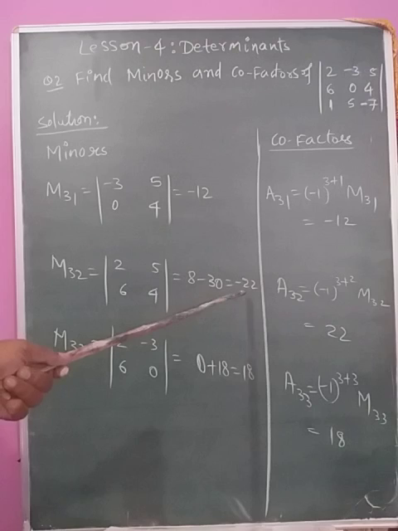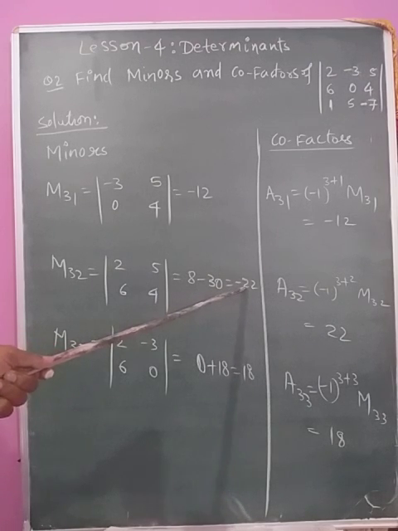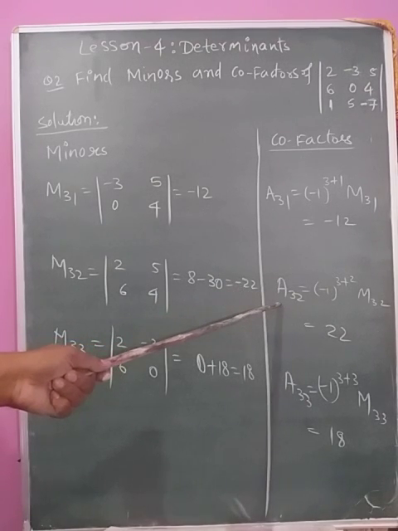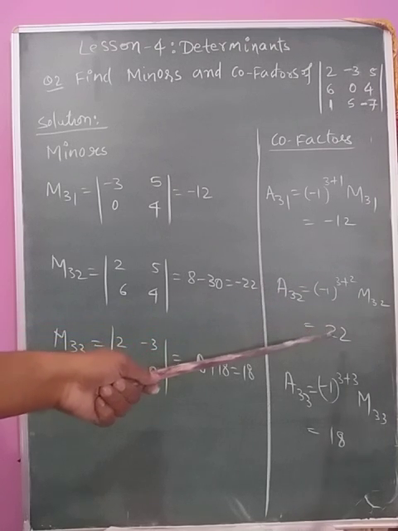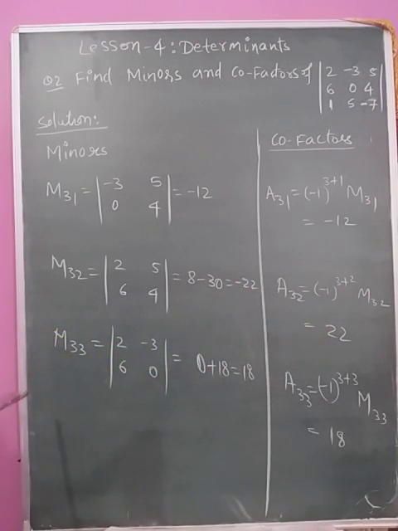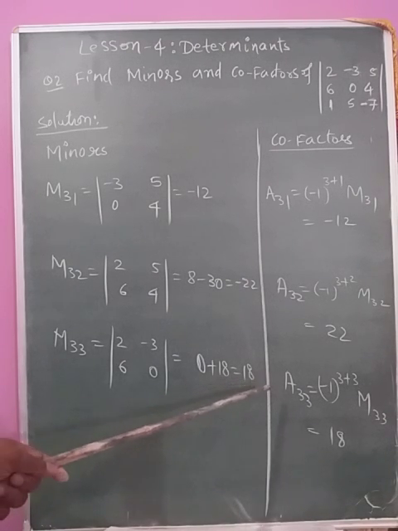After simplify, their determinant is minus 22, and corresponding cofactor, minus 1 to power 3 plus 2 M32, after solve, is 22. M33 is equal to determinant of 2 minus 3 6 0. After simplify, we have determinant 18, and corresponding cofactor is 18.